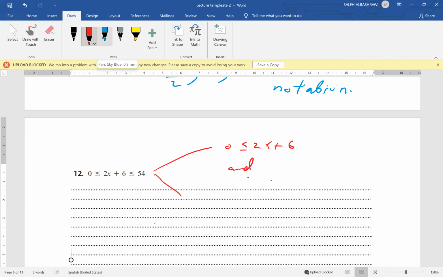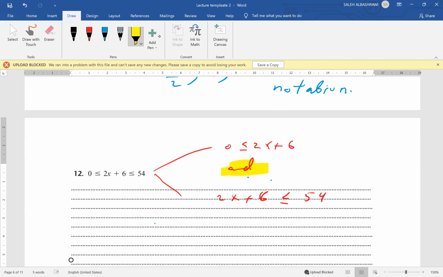This form is a compound inequality using "and".